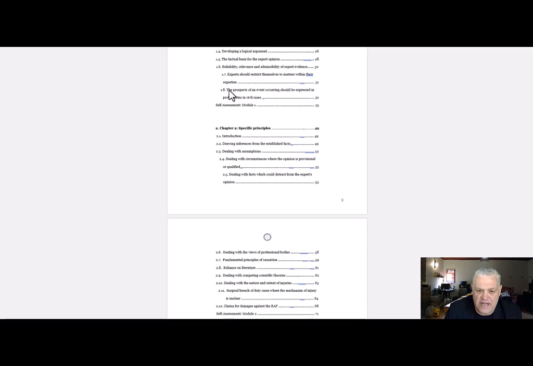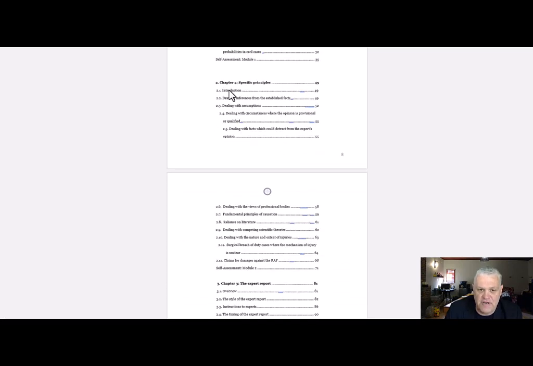Then we go to slightly more specific principles. You'll see that there are specific principles that come up when you're dealing with expert witness evidence, and there are certain principles that have been developed by the courts that it's very important to be on top of. So for instance, dealing with inferences from the established facts. Often people hear about inferences, they don't know quite what that means. This course will teach you exactly what that's all about. Dealing with assumptions.